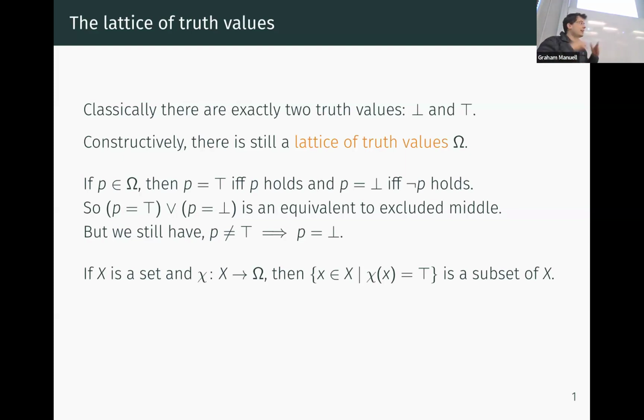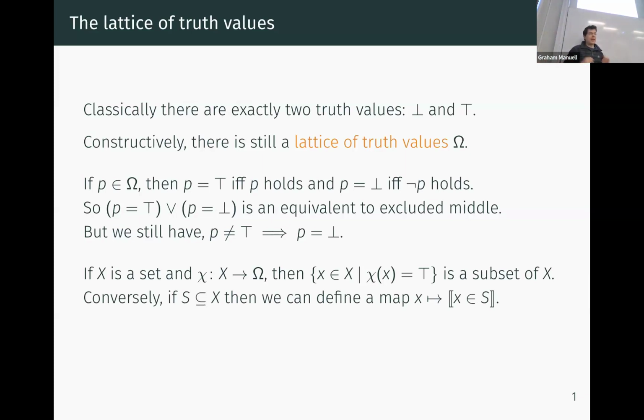And if we have any set, we can map into Omega, and this defines a subset: all the things that map to true. On the other hand, if we have a subset, we can define a map into Omega that says map every element to the degree to which it lies in S. It turns out these are inverses to each other, so there's a bijection between these two things.